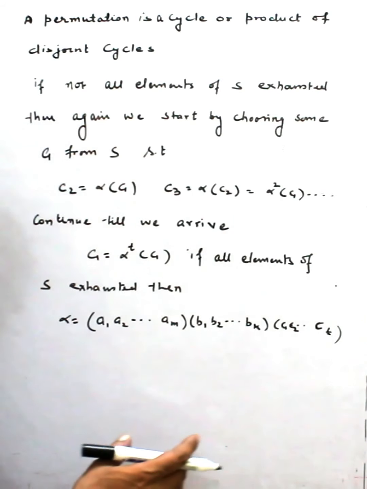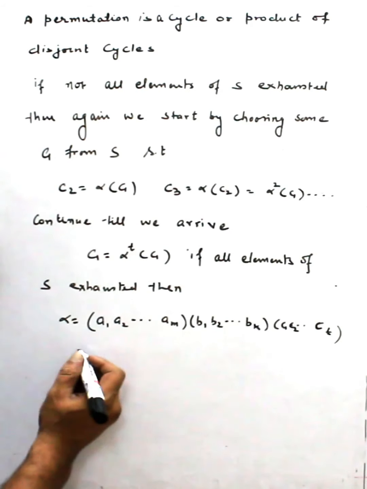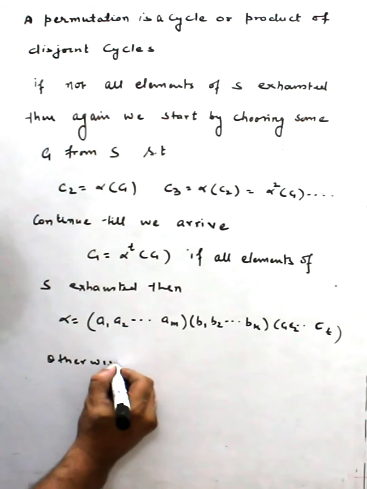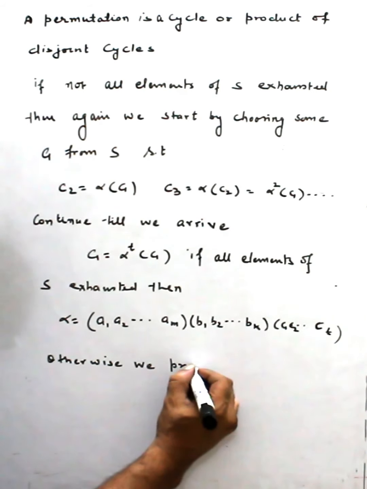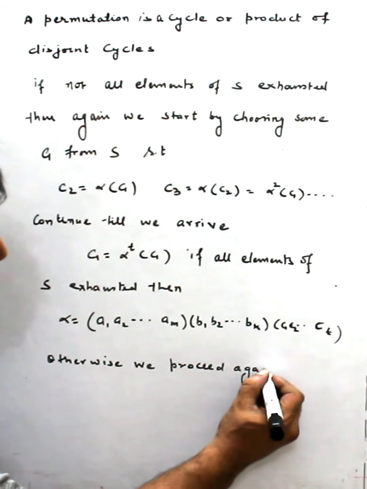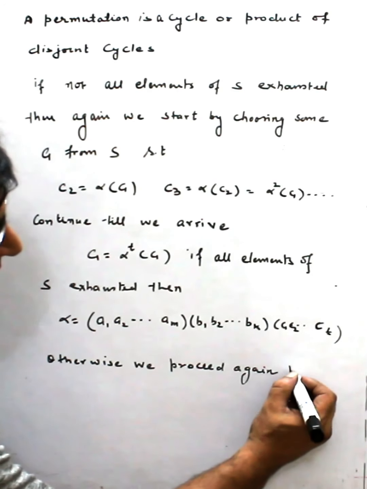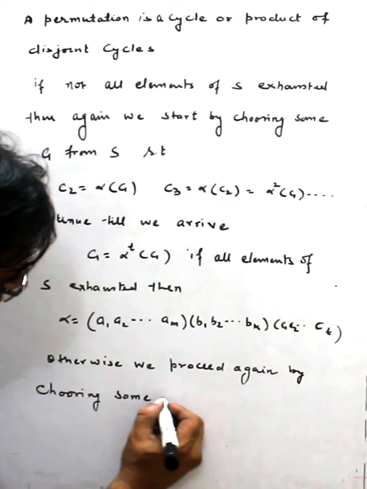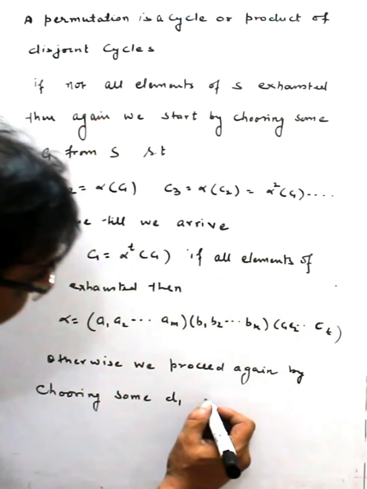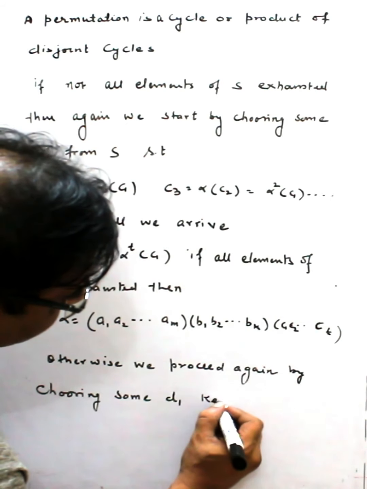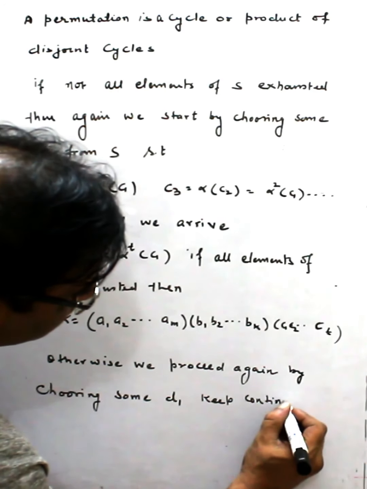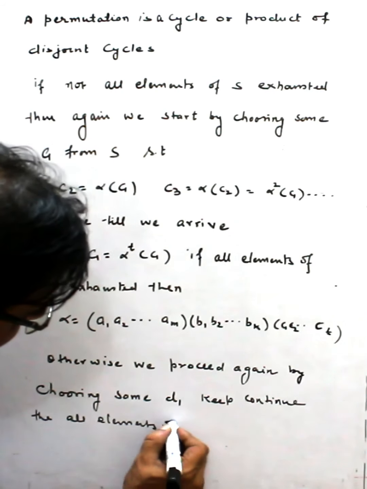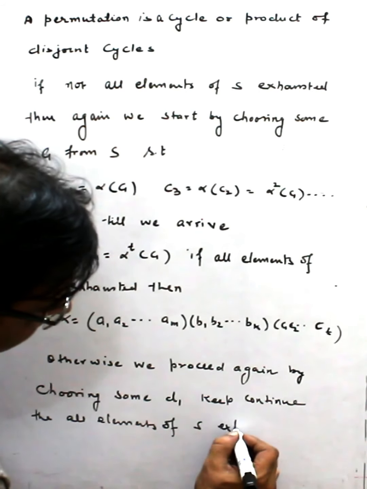So I hope you get the idea. Otherwise, if not all are exhausted, we proceed again by choosing some D1 and keep continuing until all elements of S are exhausted.